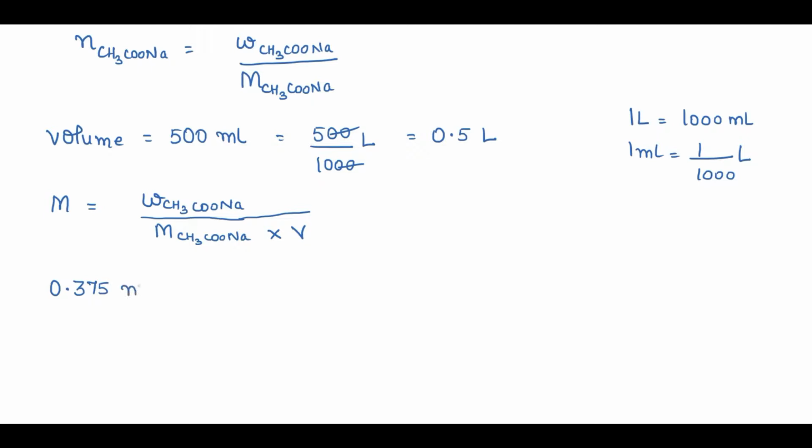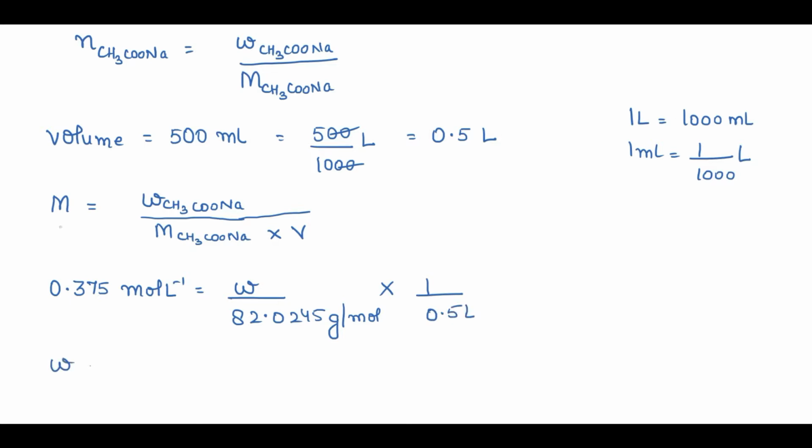Molar means mole liter inverse, right? Actual mass we have to find, so W by molar mass they have given, 82.0245 gram per mole, right? And volume is 0.5 liter, right?